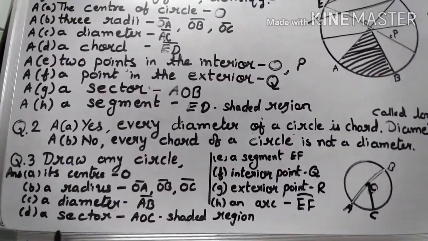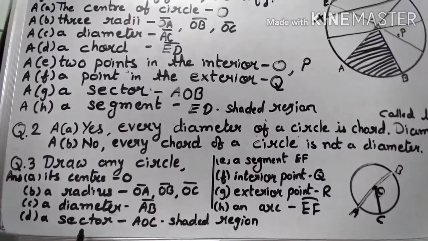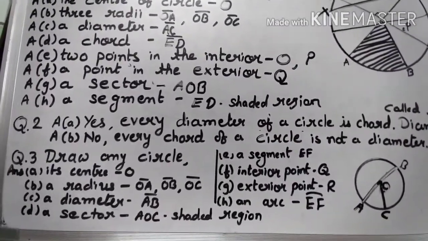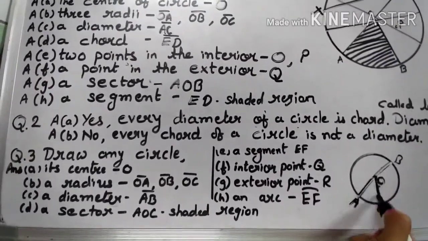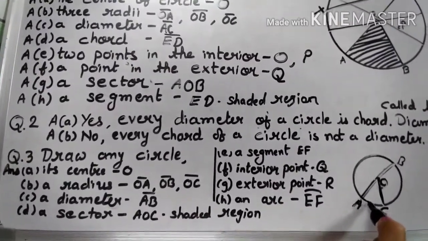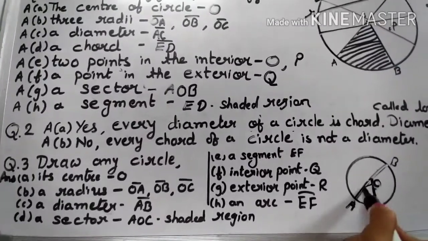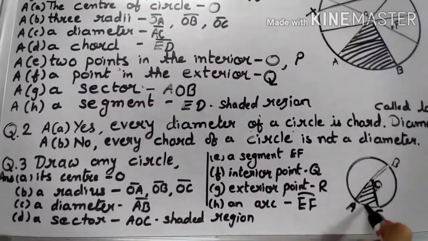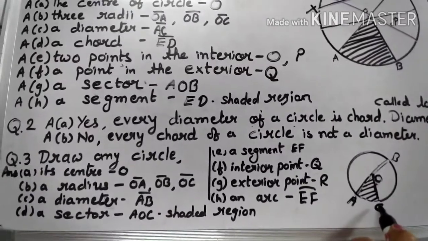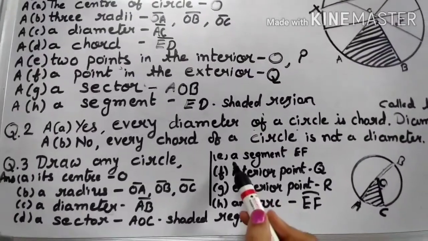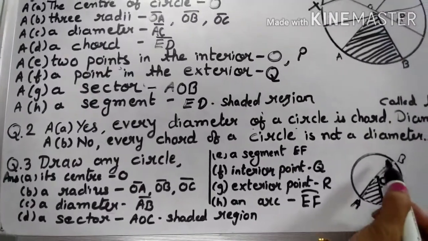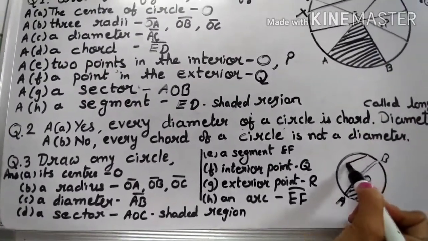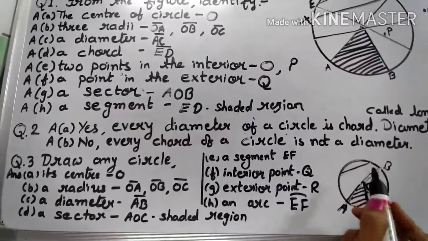Our next question is a sector. A sector is formed by 2 radii of a circle and an arc joining them. This is your sector AOC. Next question is a segment. Now here draw a chord joining two points on the circle.